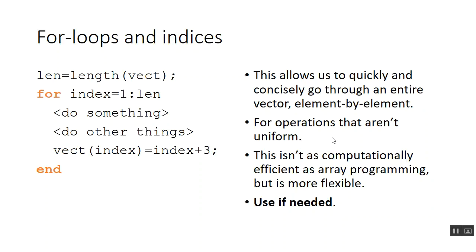So what this allows us to do is quickly and concisely go through an entire vector element by element. This is great for when we can multiply something through on a vector without doing this, but maybe we want to do something that's not uniform. We happen to be doing something uniform here, well, actually not. This is offsetting the index, so it's not exactly true.